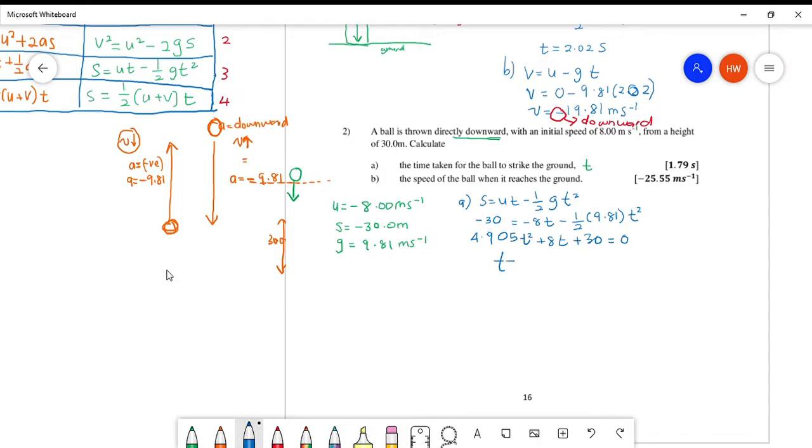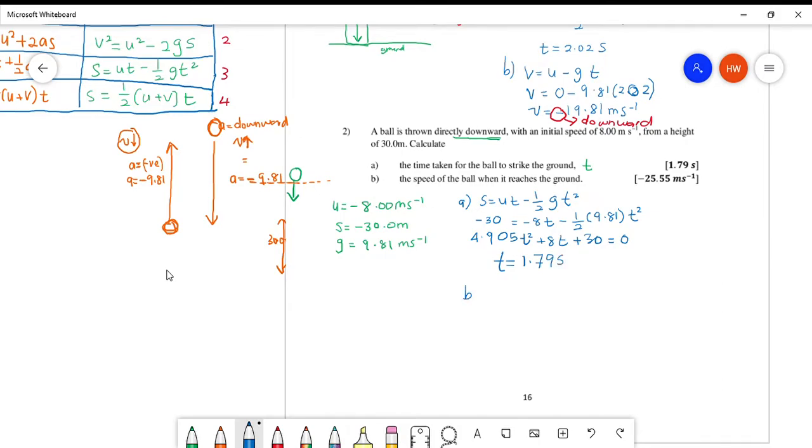Kita ada dua jawapan untuk time. Yang satu jawapan dia apa? 1.79. Satu lagi? Kita akan dapat satu negatif 1.79 second. So kita ambil yang positif, 1.79 second.